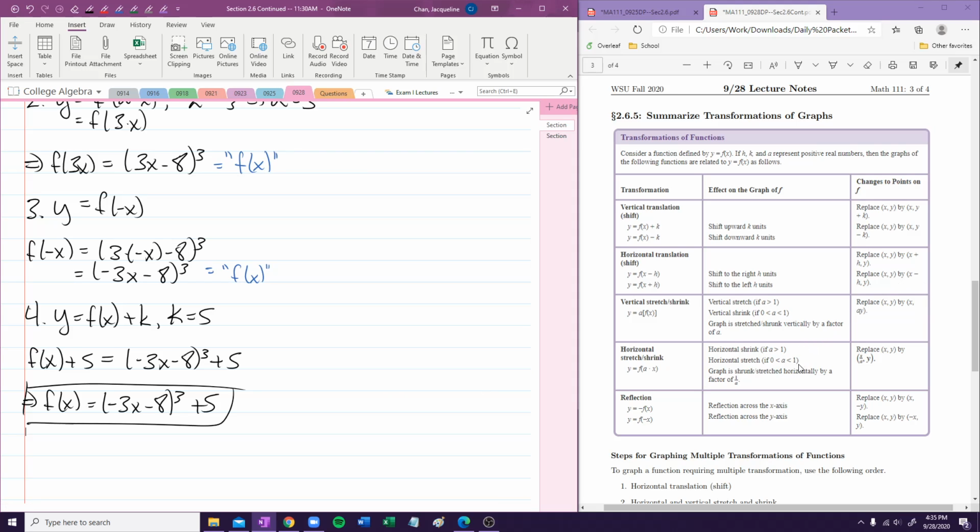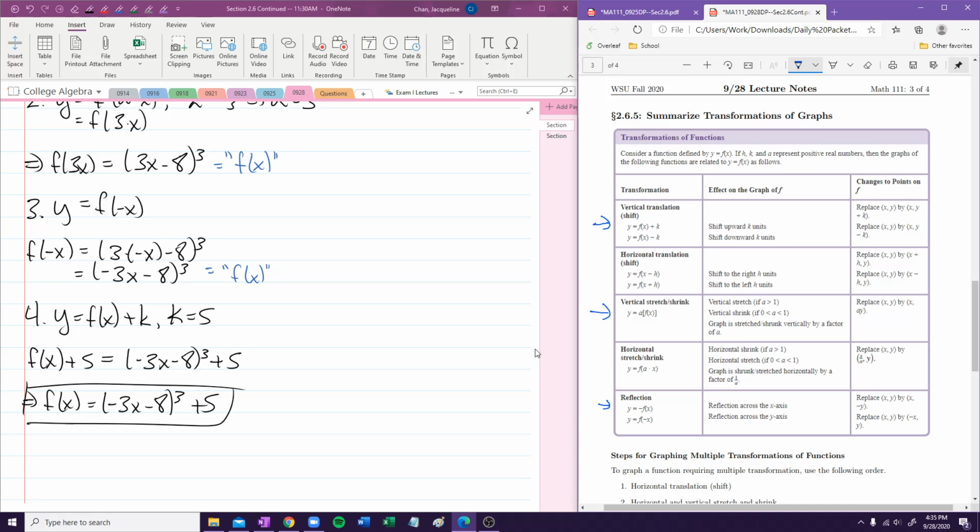So I really suggest looking at this, absorbing it, and actually applying the examples yourself. One thing you may notice is patterns. For the verticals, all the ones that have anything to do with changing your y value, it is outside: f of x times something or f of x plus something.